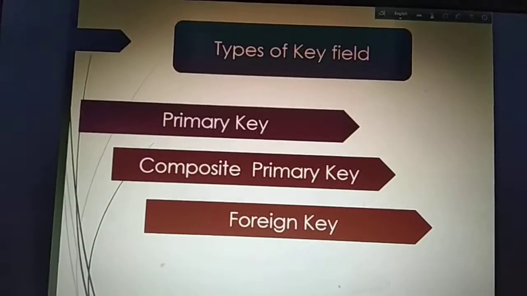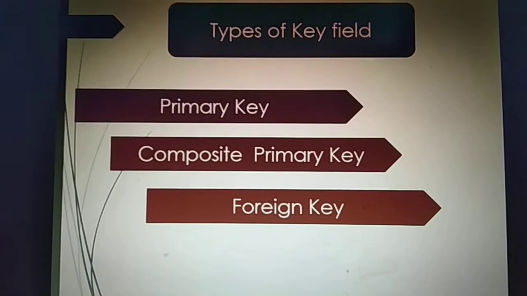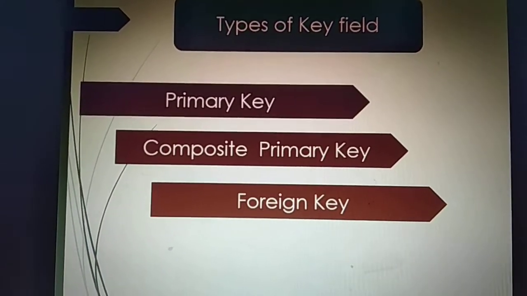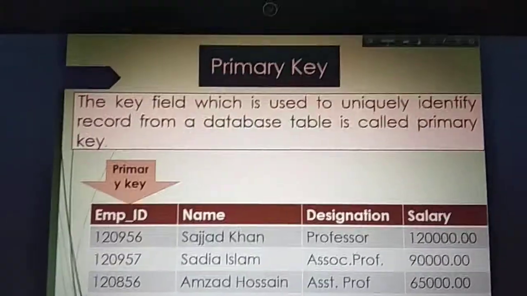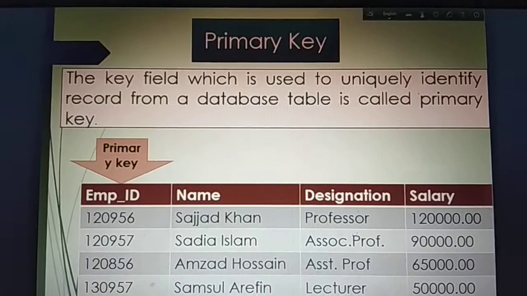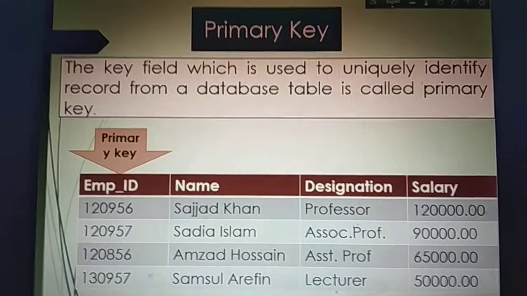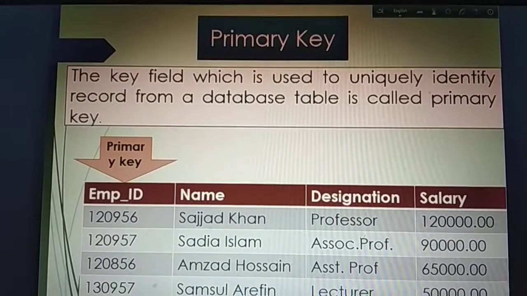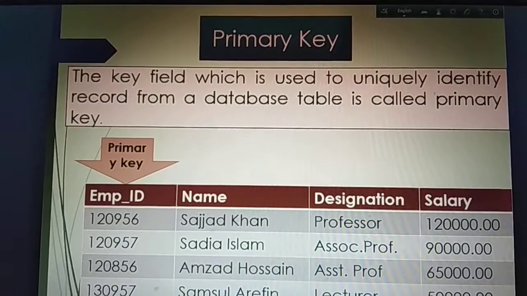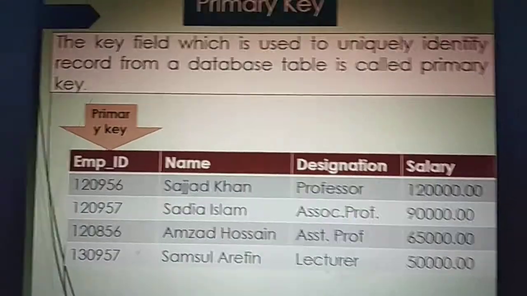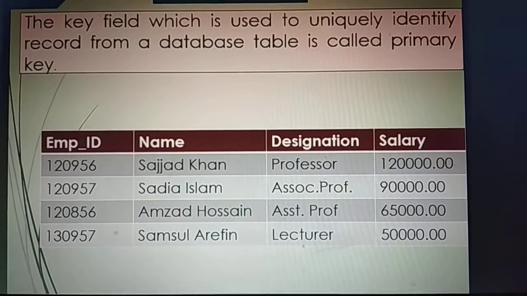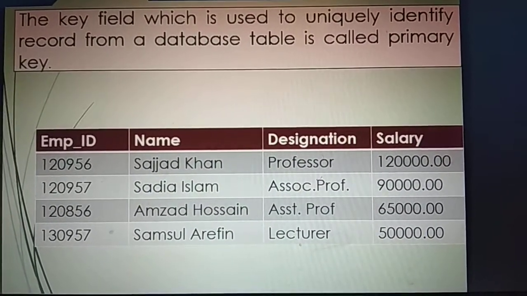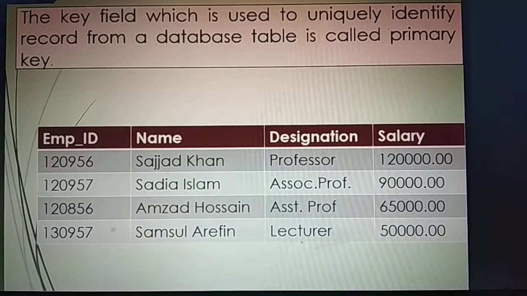Then, types of key field. There are three types of key field: primary key, composite primary key, and foreign key. What is a primary key? The key field which is used to uniquely identify a record from a database table is called a primary key. In this table, this is the primary key because here employee ID is unique.